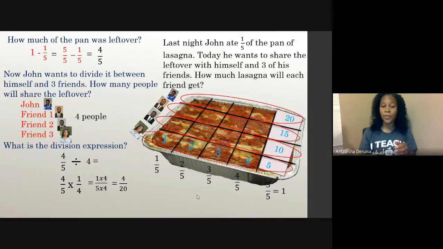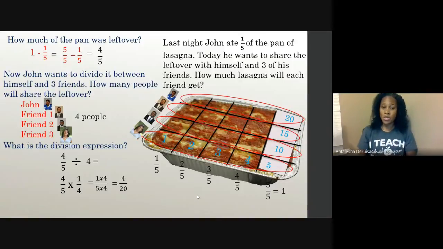You can't take 4 whole groups from a proper fraction, which is already less than 1. So you should end up with a fraction of a number, and in this case, that fraction is 4/20. We can't take 4 whole groups from 4/5, which is already less than 1, which is less than 4.